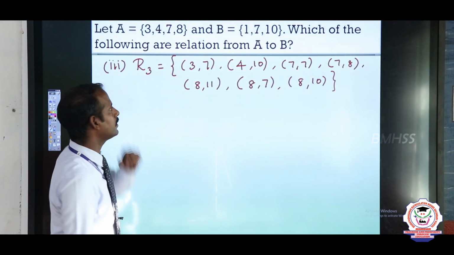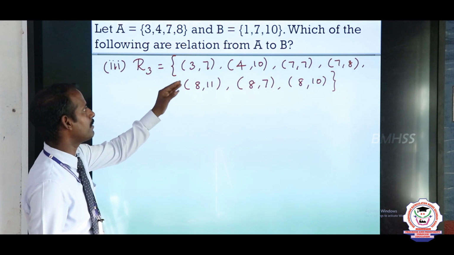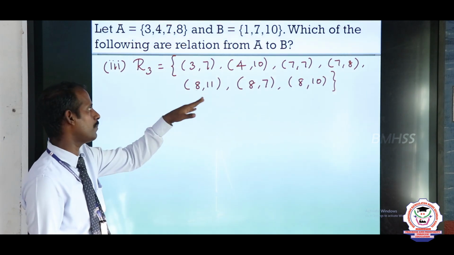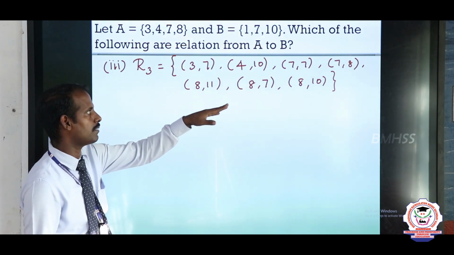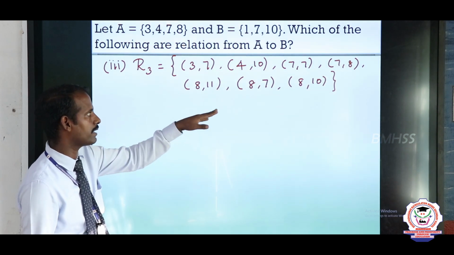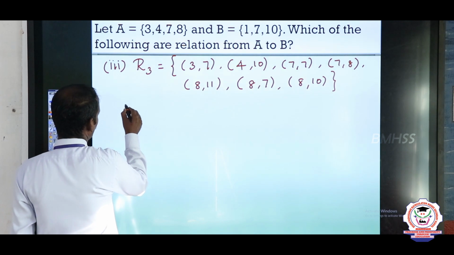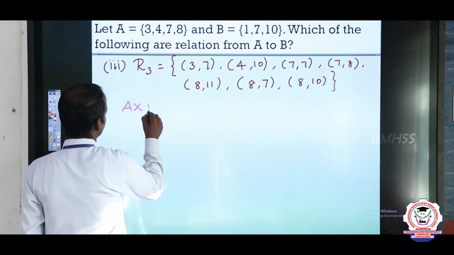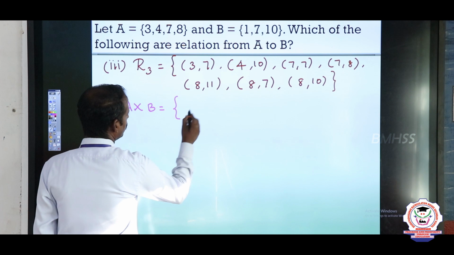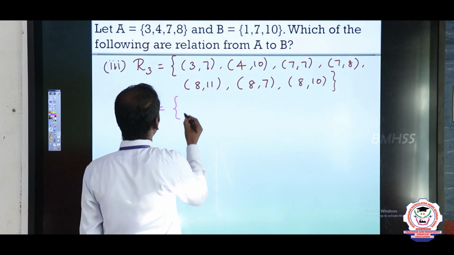Third one, R3. R3 has the ordered pairs 3 comma 7, 4 comma 10, 7 comma 7, 7 comma 8, 8 comma 11, 8 comma 7, 8 comma 10. So we know A Cartesian product B. What is A Cartesian product B? We already wrote all the possibilities.